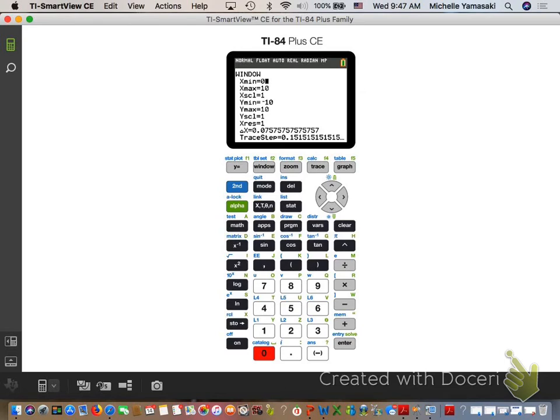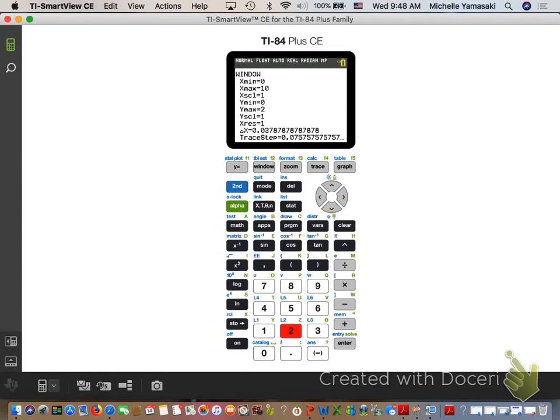The maximum on the x-axis, 10 is good. And the x scale is how much it's increasing by. I'm going to say by 1. The y minimum, what do we want the y minimum to be? I want it to be 0 again. But the maximum has to go to, let's say, 20.